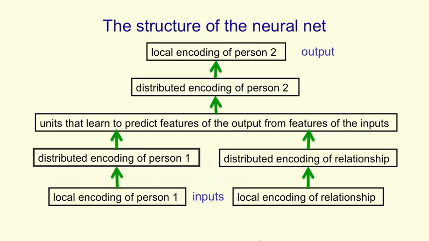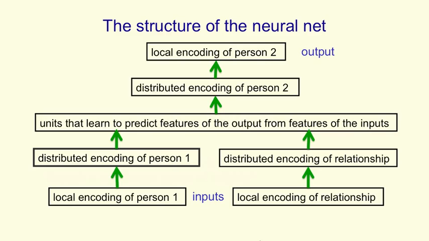There are 24 possible people, so the block at the bottom of the diagram that says local encoding of person 1 has 24 neurons, and exactly one of those will be turned on for each training case. Similarly, there are 12 relationships, and exactly one of the relationship units will be turned on. And then for a relationship that has a unique answer, we would like one of the 24 people at the top, one of the 24 output people, to turn on to represent the answer.